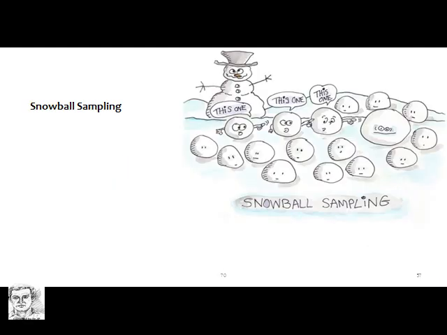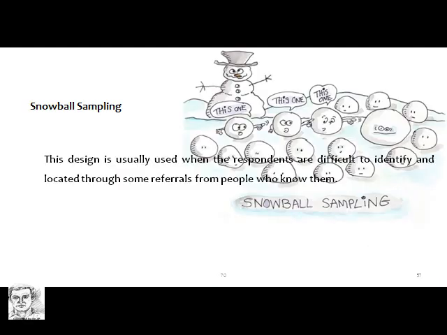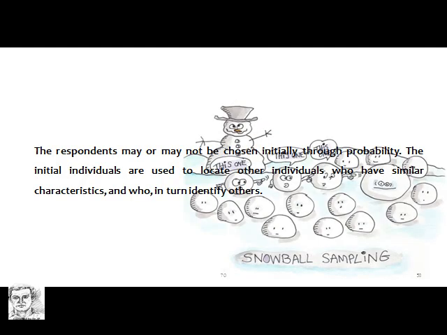Snowball sampling. This design is usually used when the respondents are difficult to identify and are located through referrals from people who know them. The respondent may or may not be chosen initially through probability. The initial individuals are used to locate other individuals who have similar characteristics, and who, in turn, identify others.